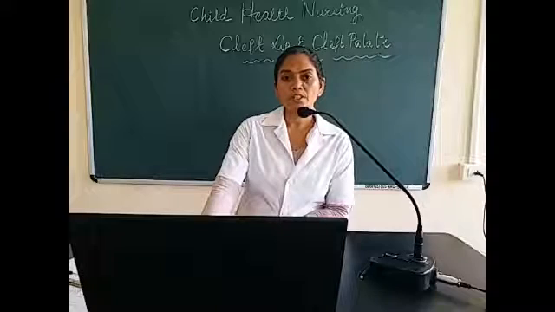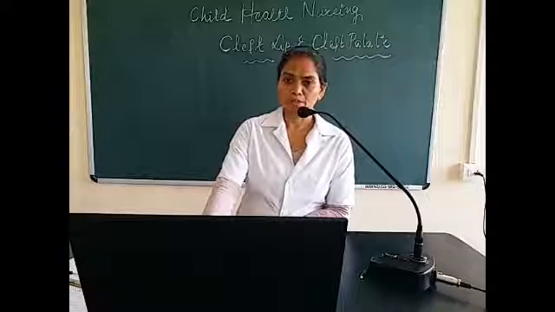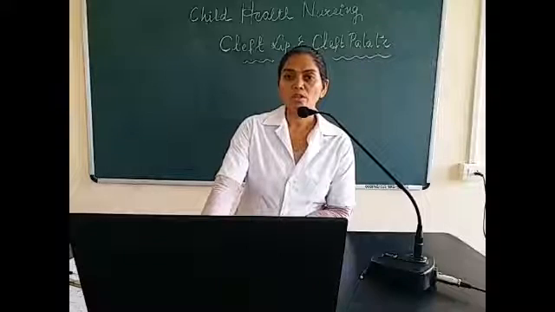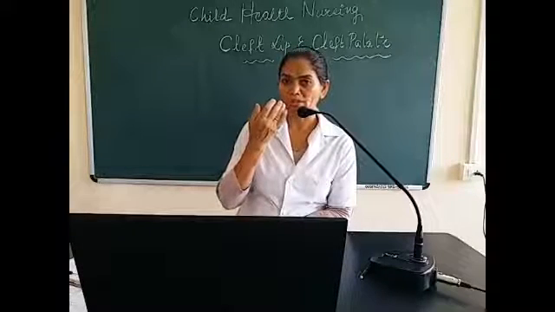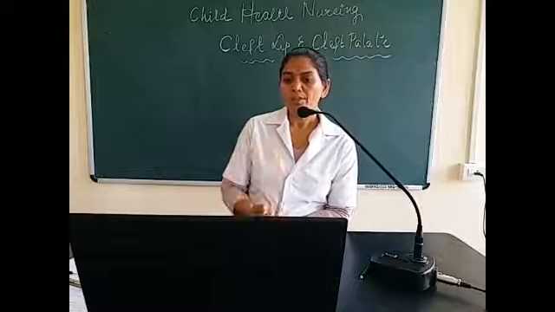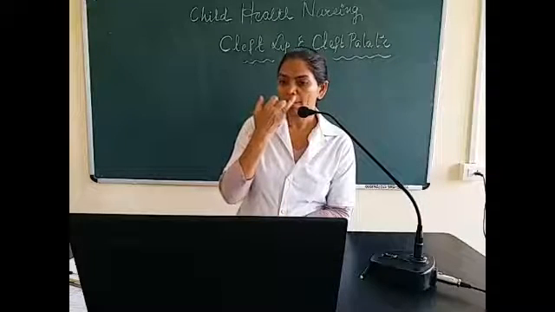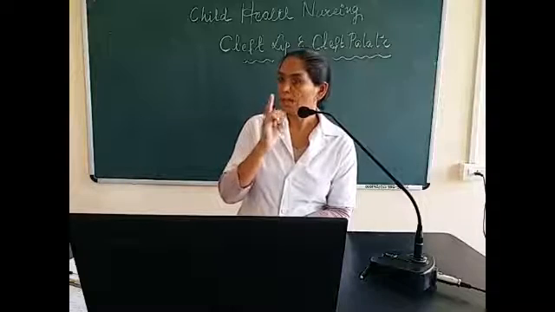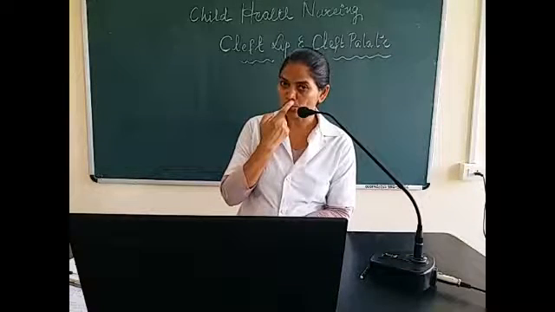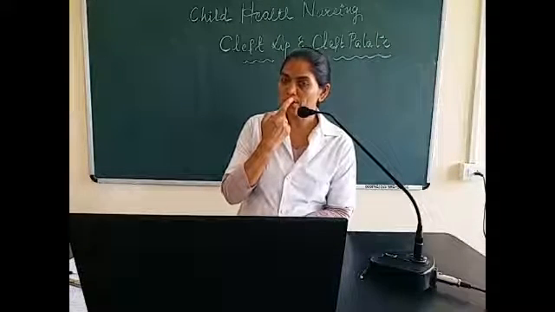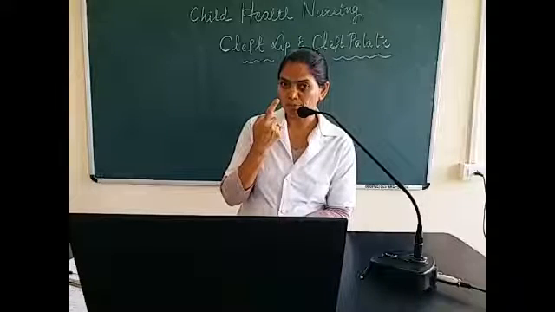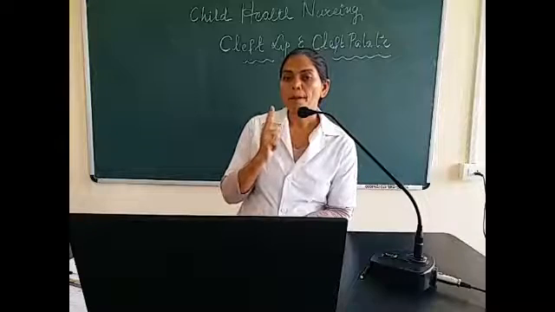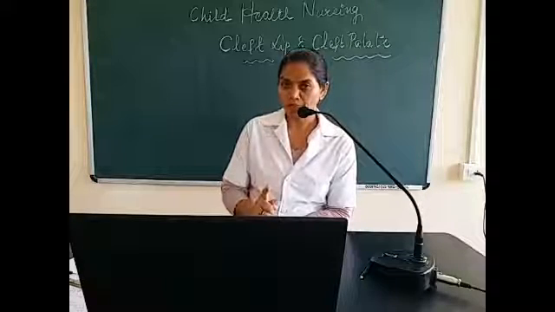Now let's see the classification of the types. As I explained earlier, the type depends on the defect. The first type is unilateral cleft lip or cleft palate. If it is found on one side of the lip only, it is called unilateral cleft lip. If it is found on both sides, it is called bilateral cleft lip.